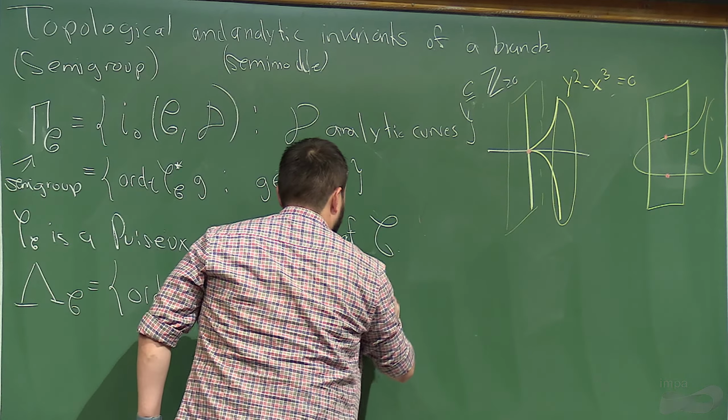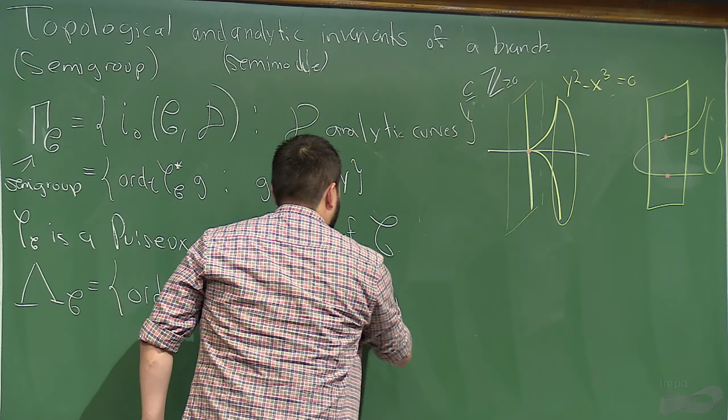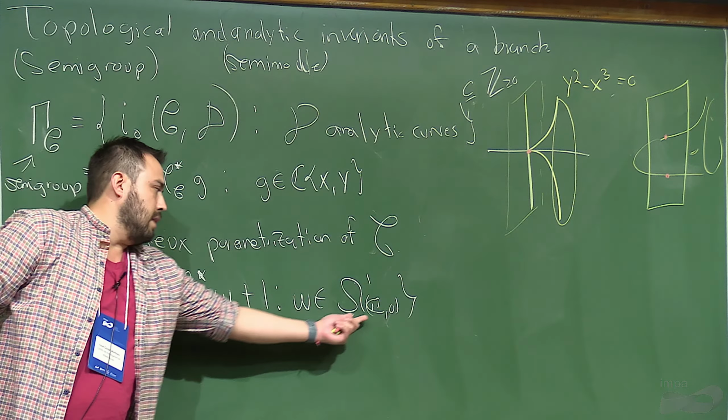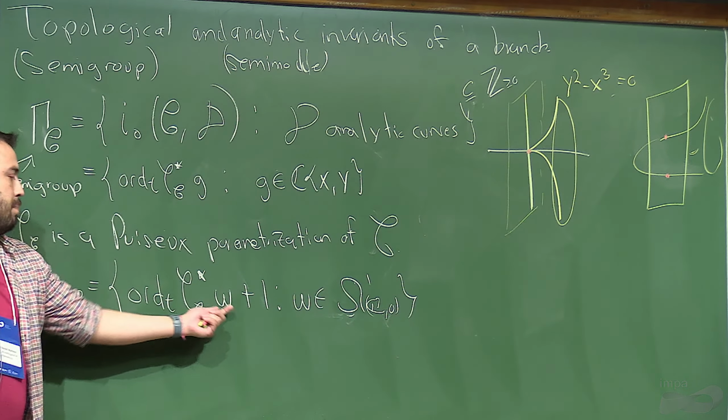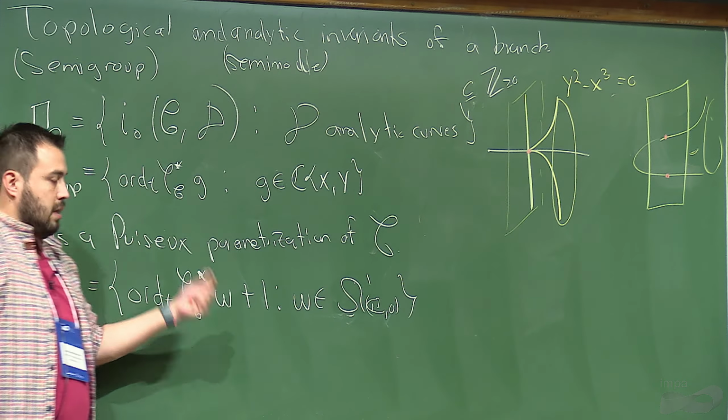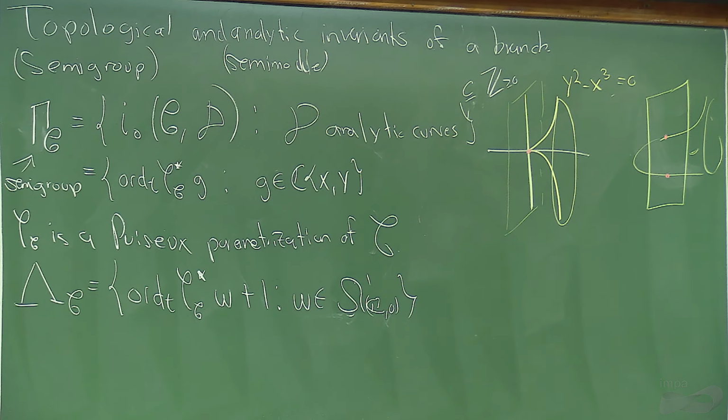Now the semimodule is defined in more or less the same way. We take holomorphic one-forms in dimension 2. We take the pullback under the parametrization of the curve. This is a holomorphic one-form in one variable. So we take the order of the coefficient of this one-form plus 1.